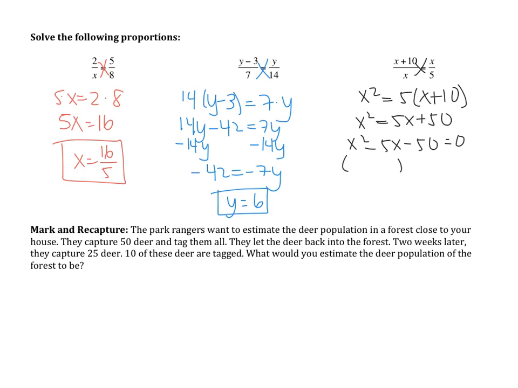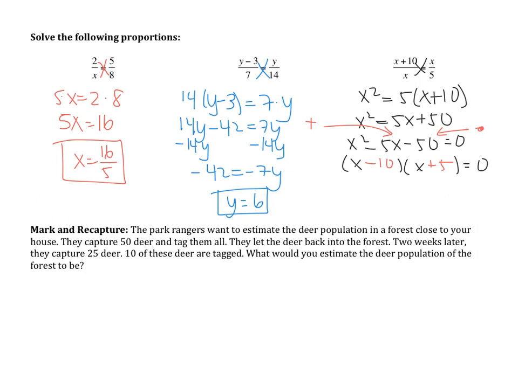Anytime that you have a quadratic, you're going to try to factor it. So in this case, I'm going to have x times x. Now I need two numbers that multiply to negative 50 and add to be negative 5. That's going to be negative 10 and positive 5.